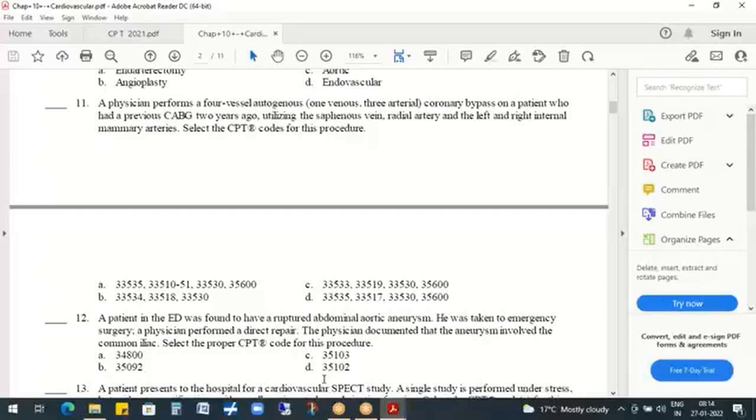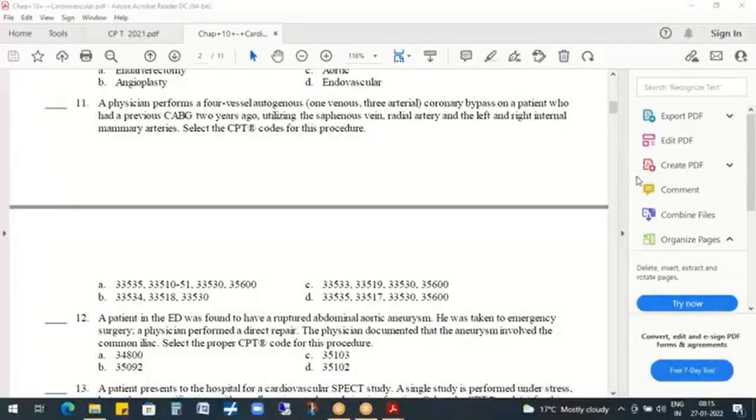The remaining saphenous vein is a part of the procedure, and the internal mammary is a part of the procedure. Understood, everyone, this concept? Any doubts in question number 11?